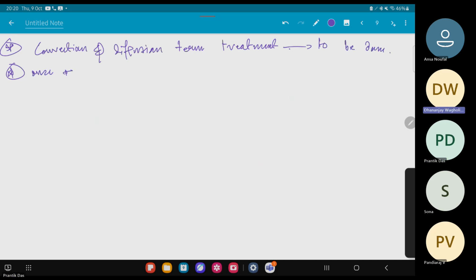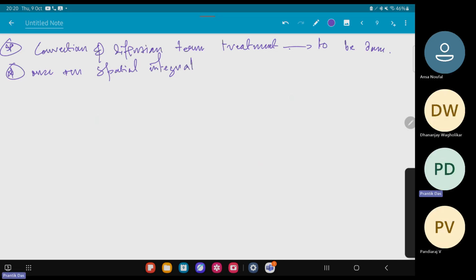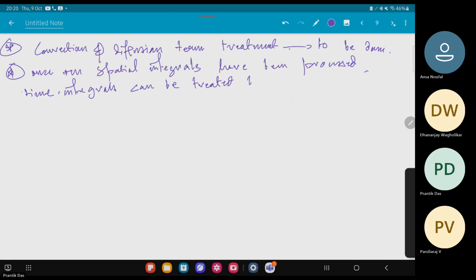Once the spatial integrals have been processed, the time integrals can be treated using the explicit, fully implicit, or theta implicit approach.